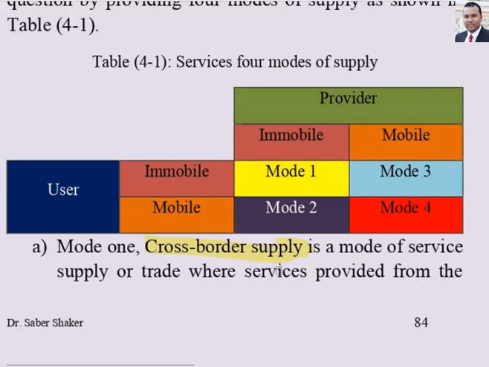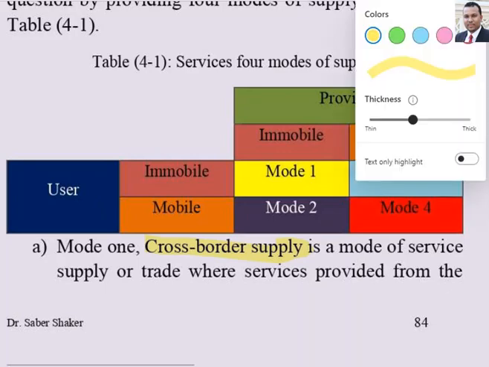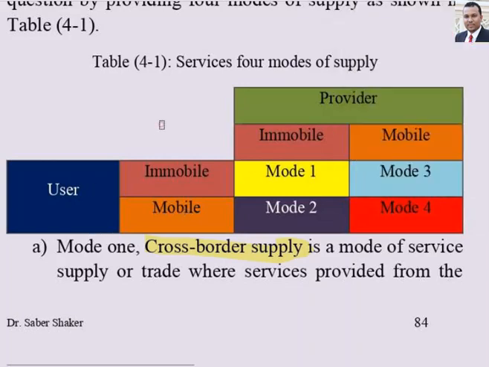Mode number 2 is the case when the provider of a service is immobile, but the user of this service is mobile, or moves. We call this mode consumption abroad.